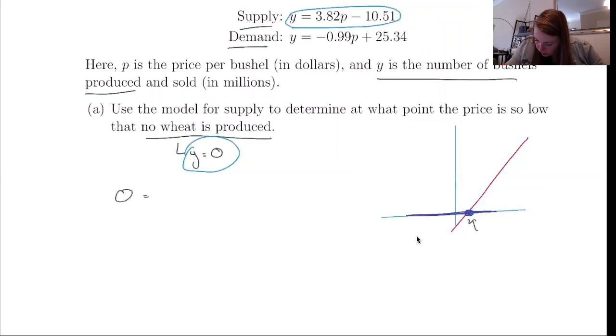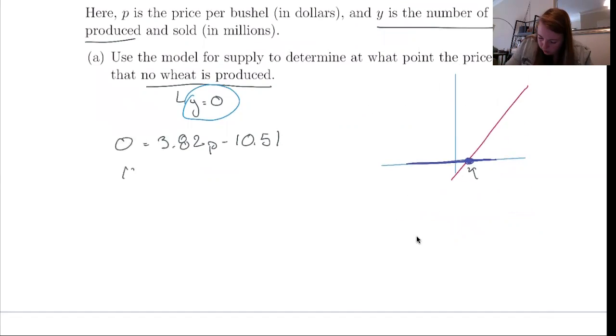So 0 equals 3.82p minus 10.51. So you're like, oh, didn't we just plug in for Y equals? Yes, but Y equals 0 is the line too, right? Same with X equals 0. It's also a line, just that other way. Okay, cool. So 10.51 equals 3.82p.